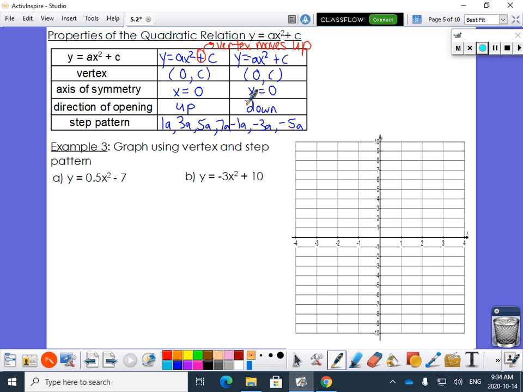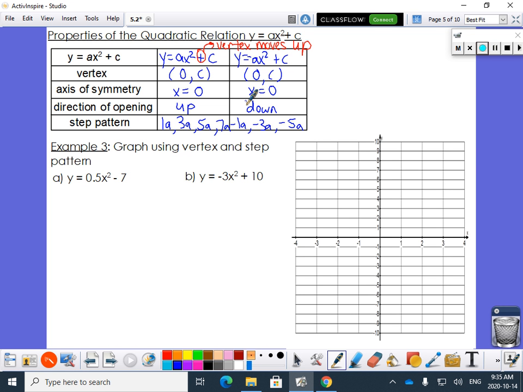Sorry, it's going to open down, not move down. Why? Again, remind me. Why is this guy going to open down? Because it's negative, right? And then here we have negative 1a, negative 3a, negative 5a because this is negative.